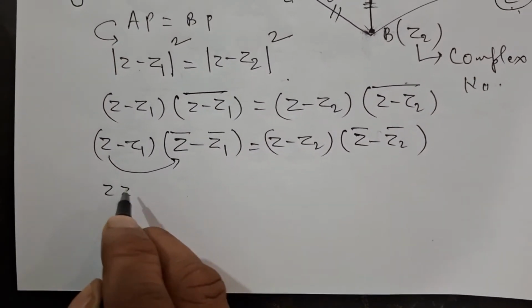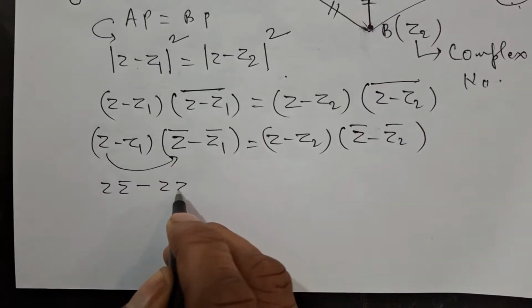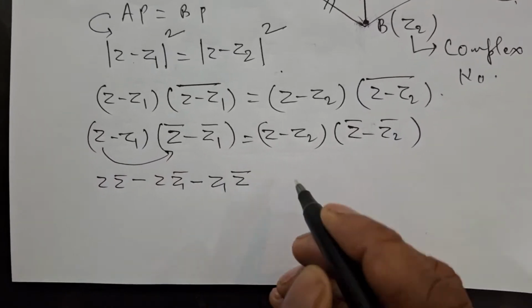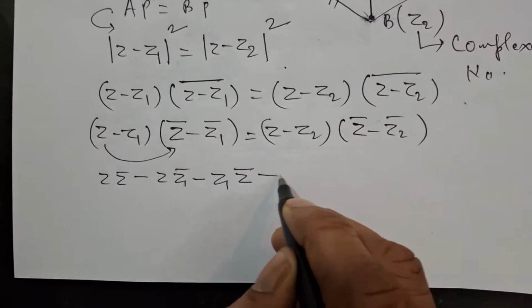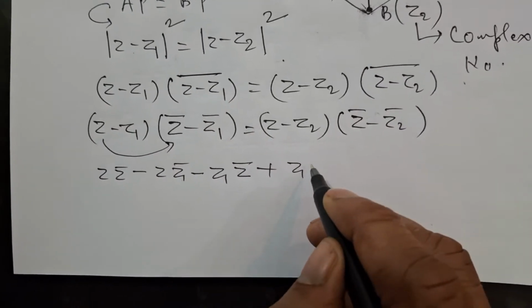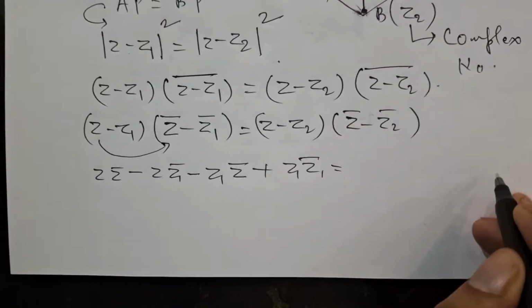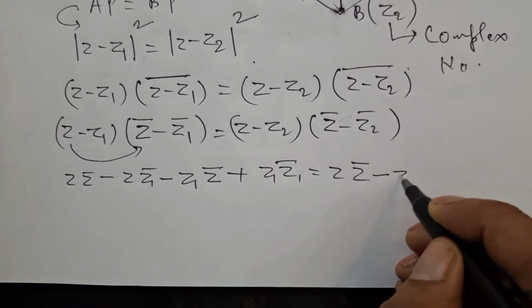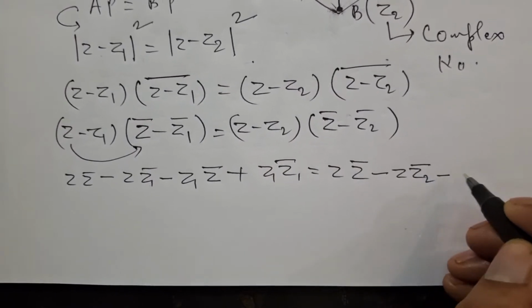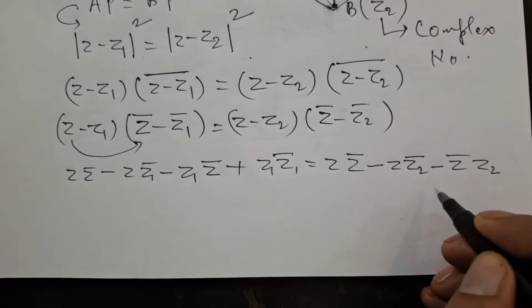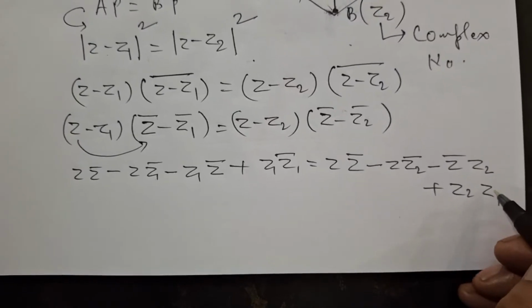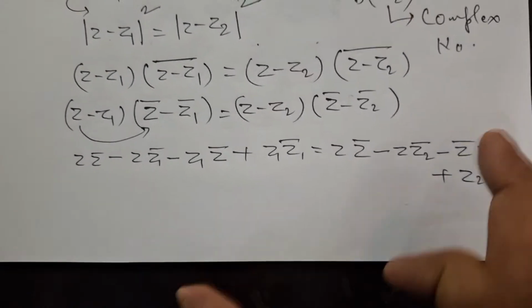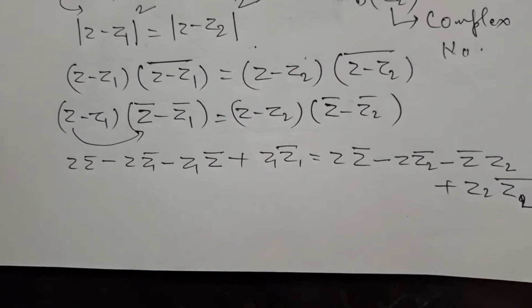So z bar minus z1 minus z1 z bar, or plus z1, and the same here: z1 minus z2 minus z bar z2, or plus z2 z bar. Now keep z together.